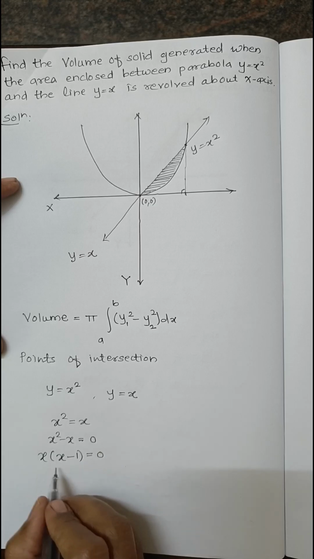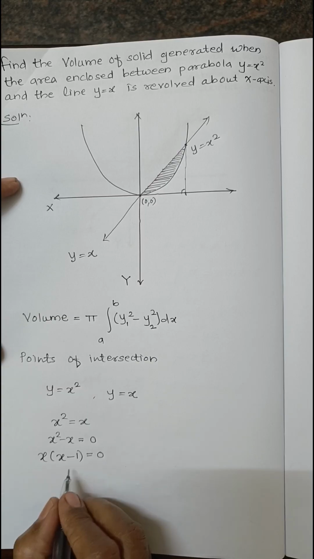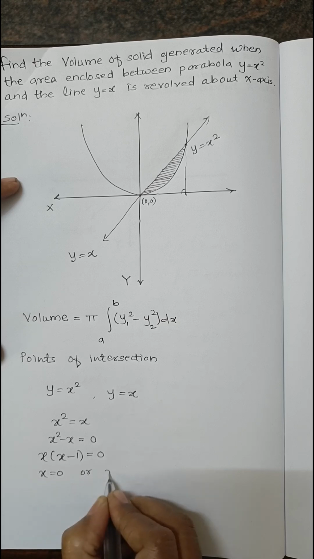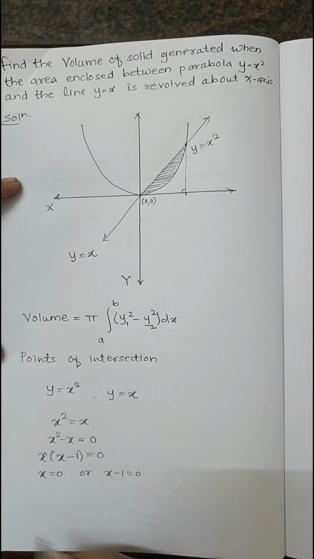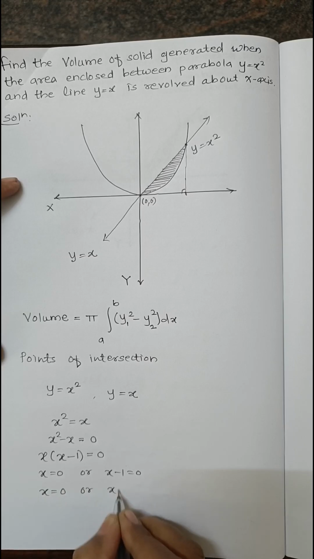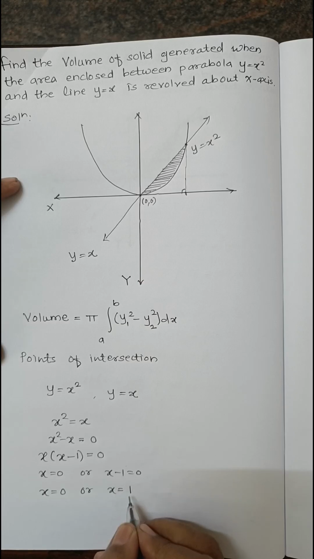Now the product of these two terms is 0, which means either the first term is equal to 0 or the second term is equal to 0, that is, either x is equal to 0 or x minus 1 is equal to 0. That is x is equal to 0 or, taking this 1 to the other side, x is equal to 1.